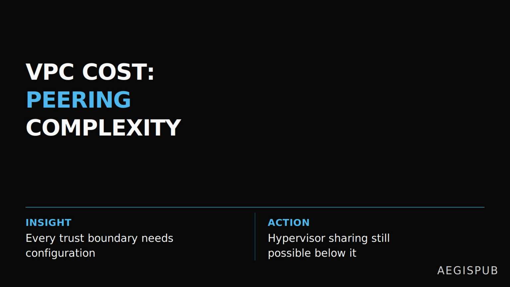Each VPC creates a new trust boundary, and every trust boundary requires explicit configuration.